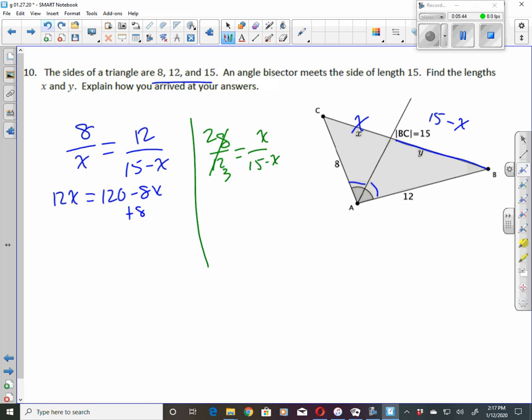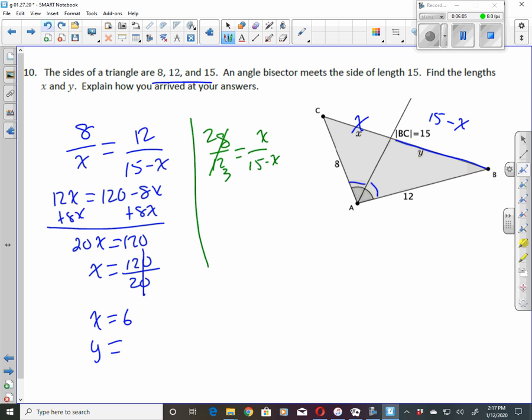So if we add 8x to both sides, I end up with 20x equals 120, or x equals 120 divided by 20, right? Or x equals 6. And remember, we've got to find y also. And we know that y is equal to 15 minus 6, or y is equal to 9.